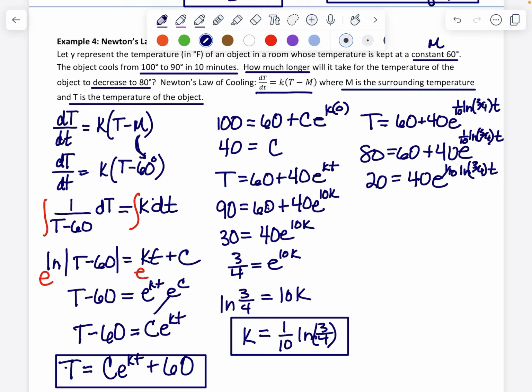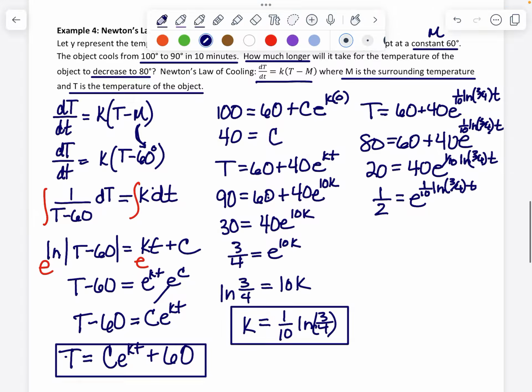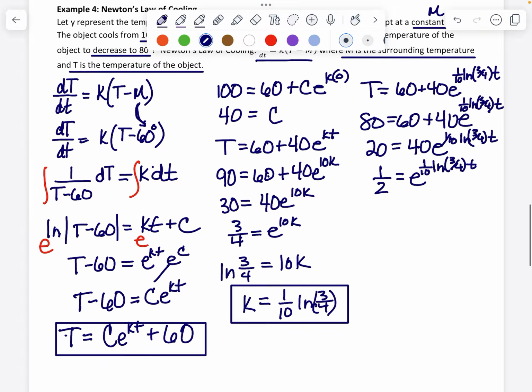Then we can divide both sides by 40, so we get 1/2 is equal to e to the 1/10 ln of 3/4 t. And now what we're going to do is solve for t.